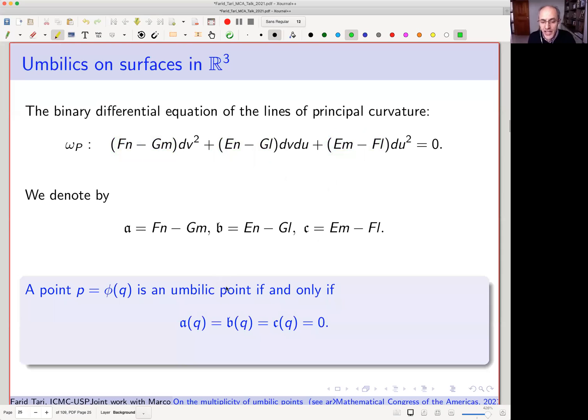So there is an observation that a point is an umbilic point if and only if all the coefficients A, B, and C are equal to 0 at that point. So when you look at this equation, to get an umbilic point you set these to be 0, you solve your system, and you get your umbilic points. Okay.